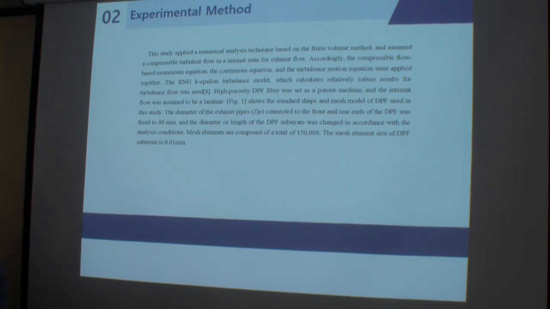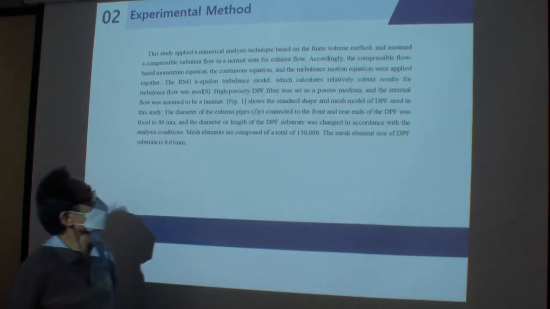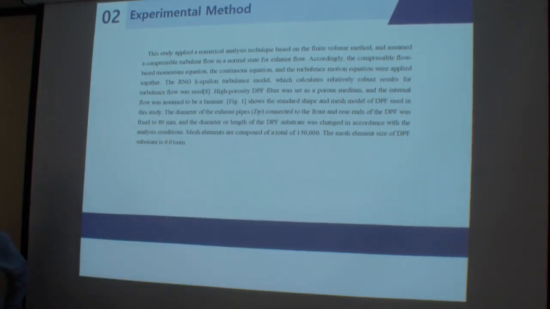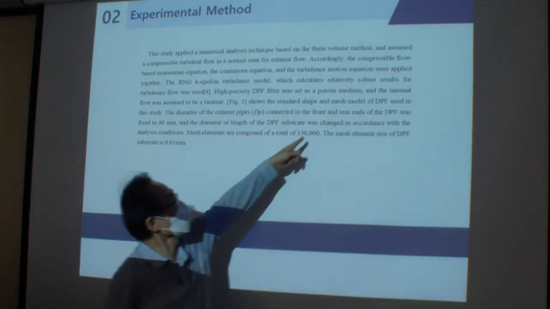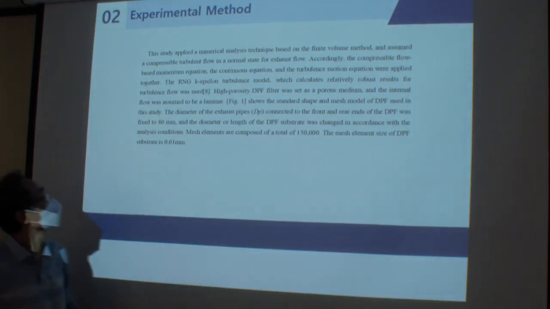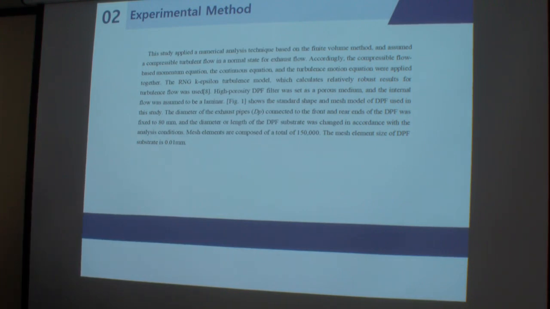High porosity DPF filter was set as a porous medium, and the internal flow was assumed to be laminar. This shows the standard shape and the mesh model of DPF used in this study.